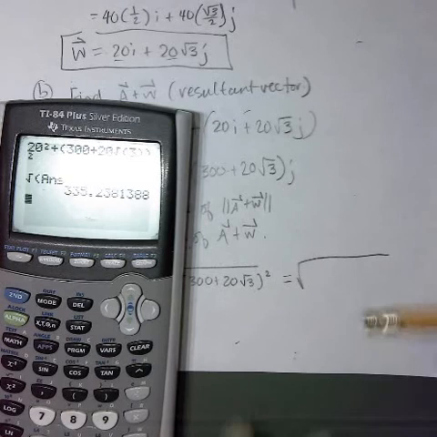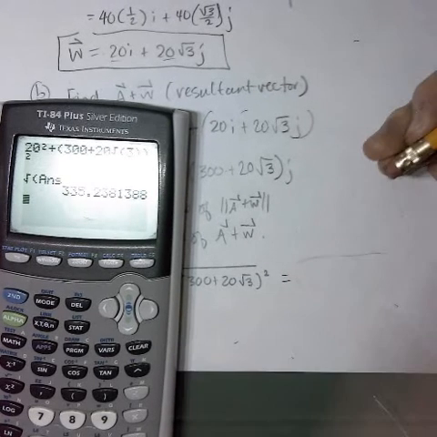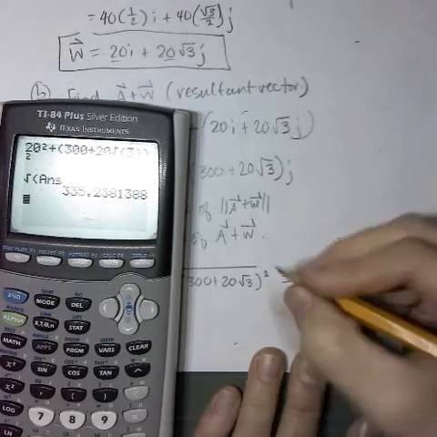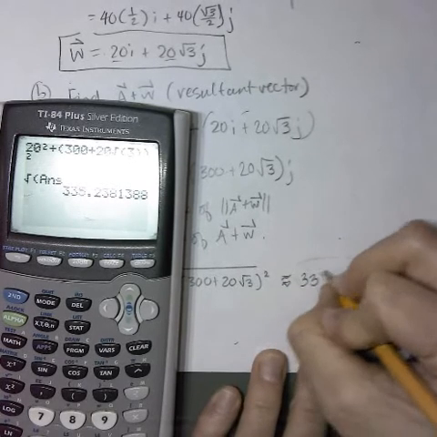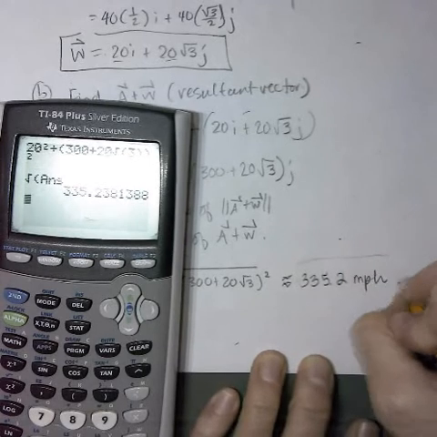I'm not even going to put this here. Just erase that. So that's approximately 335.2 miles per hour would be the units of the speed.